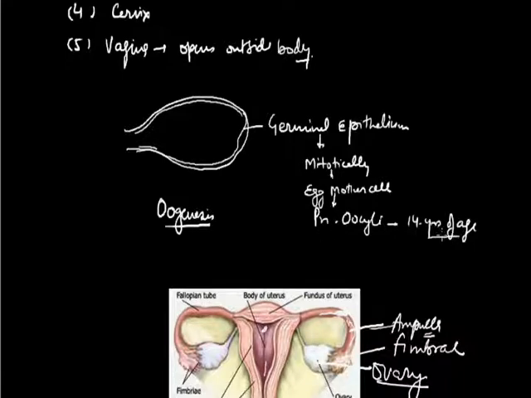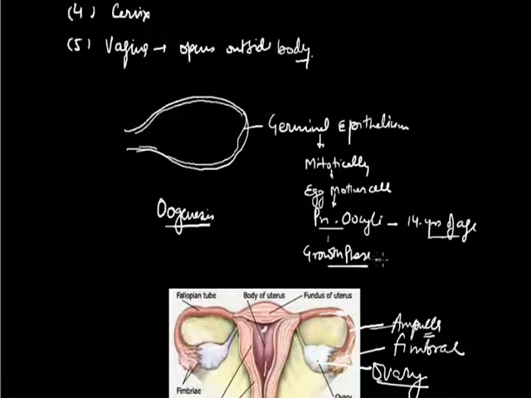The age of 14 years is approximately when the menstrual cycle starts. The further development of this primary oocyte starts after 14 years of age, and this entire phase is known as the growth phase of oogenesis.